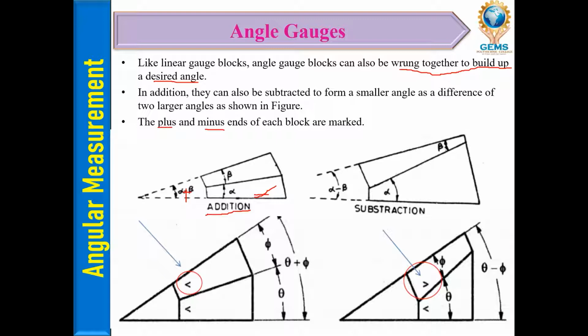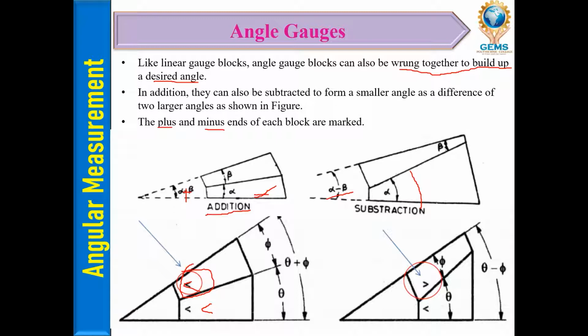So if it is an addition, it is like this. If it is a subtraction, we can change the direction of the angle gauge, so that will give a subtraction, alpha minus beta. If you see the symbol we use for an addition, it is like this, so theta plus phi.